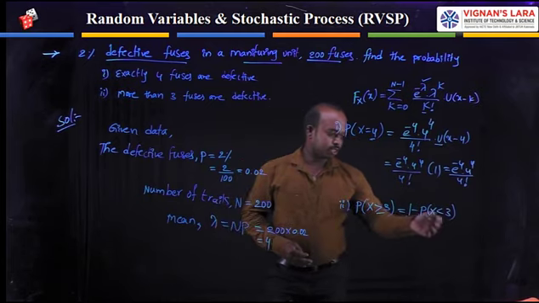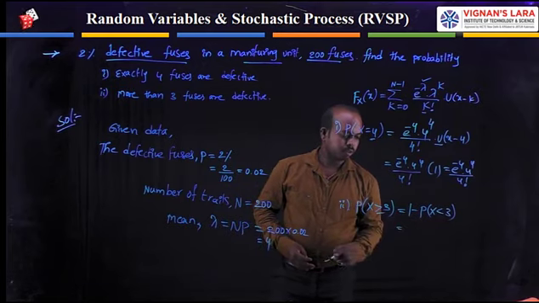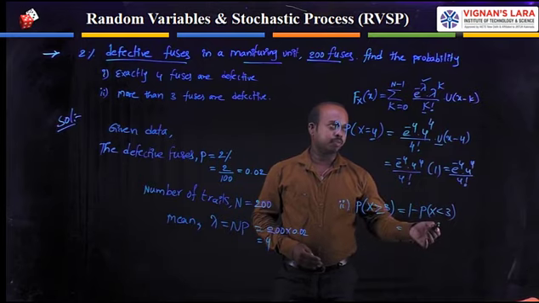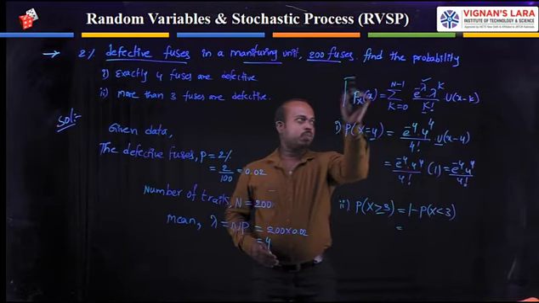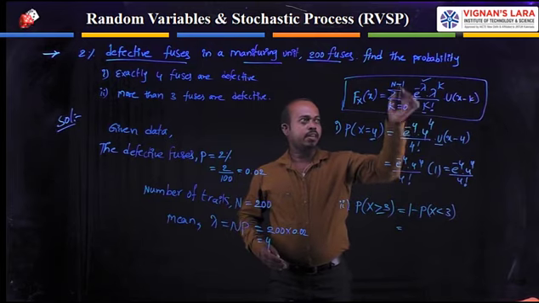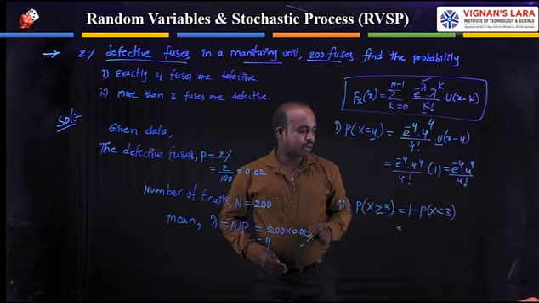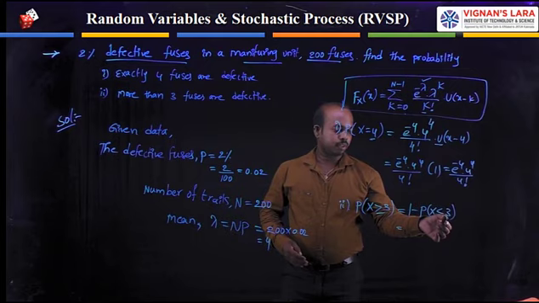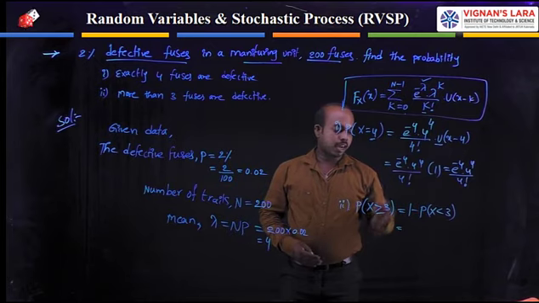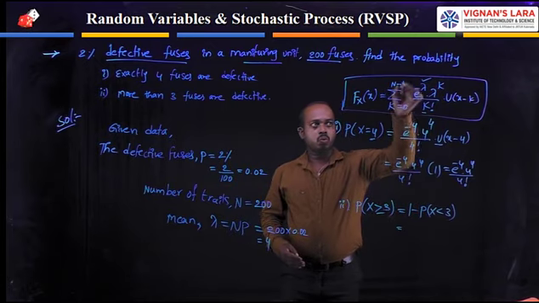Here for this condition, what are the values lesser than 3? In the Poisson distribution formula, it runs from 0 and ends at n minus 1. Here n value is 3, so you take 3 minus 1. The entire limit is 0 to 2.